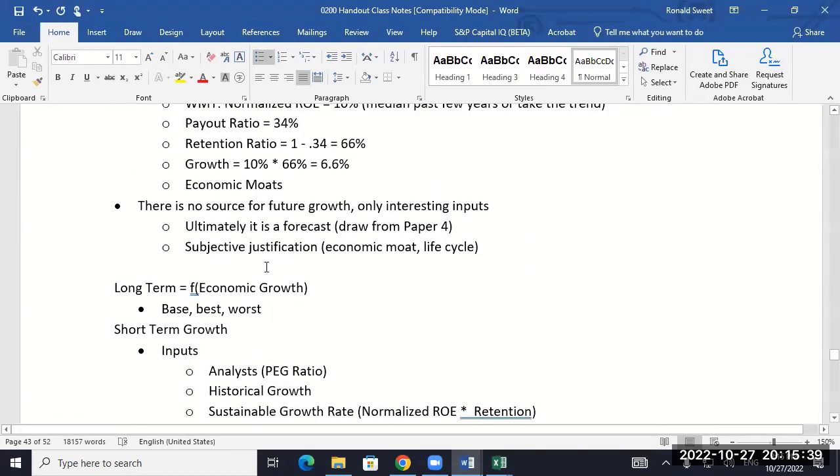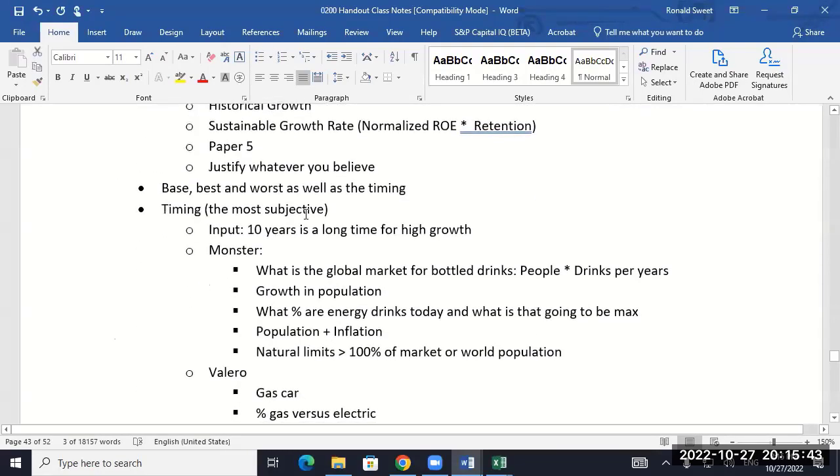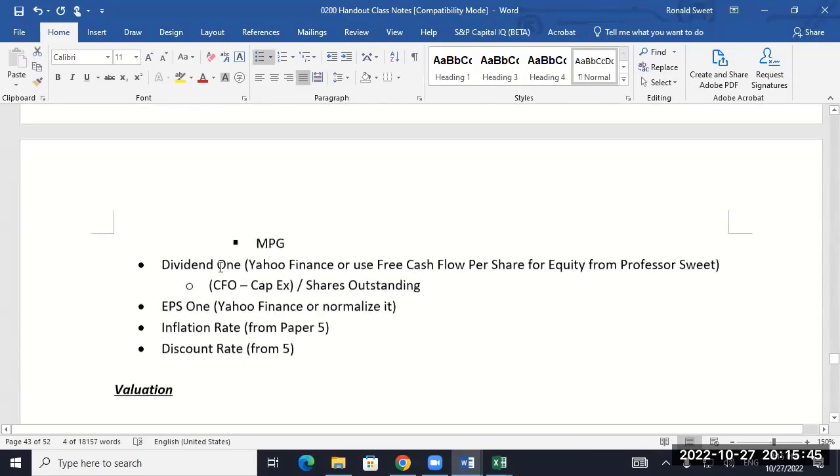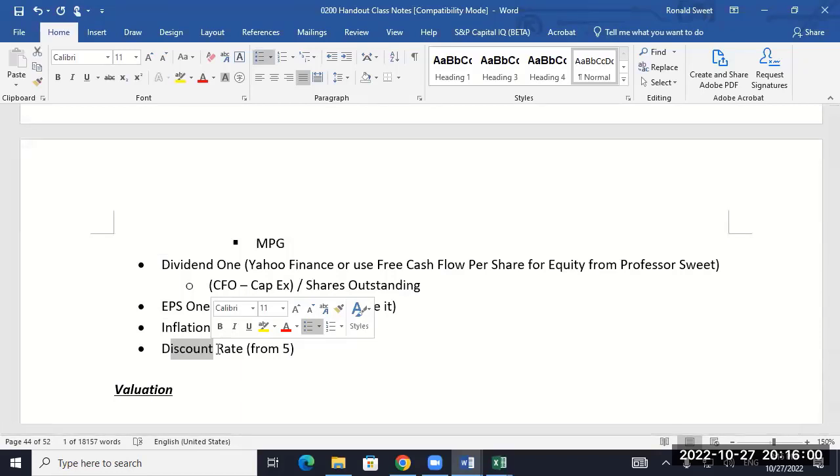So for paper 5, you need a terminal growth rate, a short-term growth rate, a timing, a dividend one, EPS one, maybe normalized, or cash from operations, inflation, discount rate. Those are your inputs. You essentially need to explain them. The growth rates are the ones where you put most of the explanation on, and then you start your valuations.